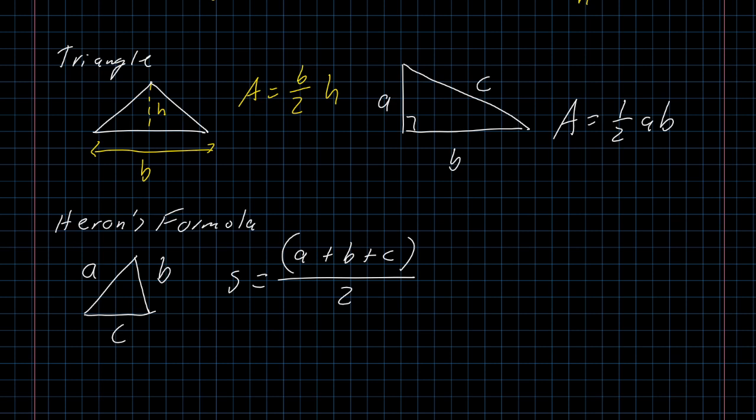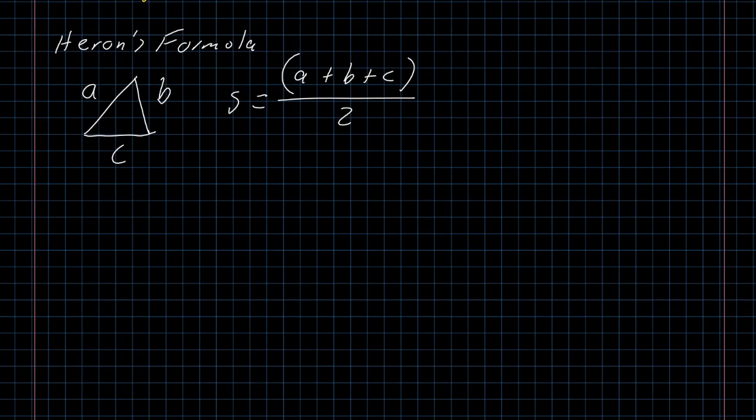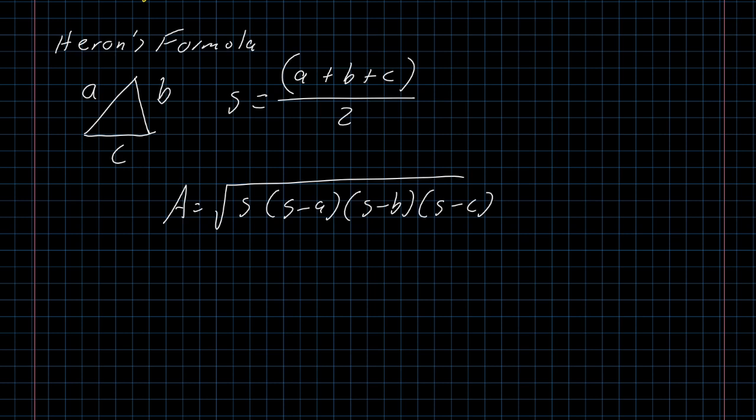That's going to be a new parameter, which we call s. To calculate the area of this triangle, we're going to take the square root of s times s minus a times s minus b times s minus c.